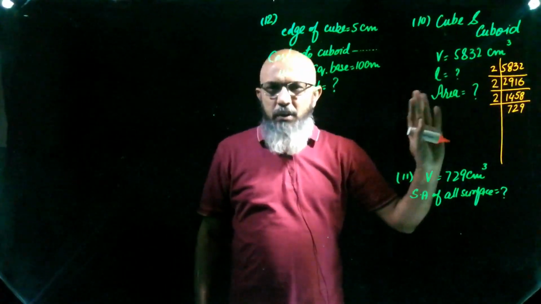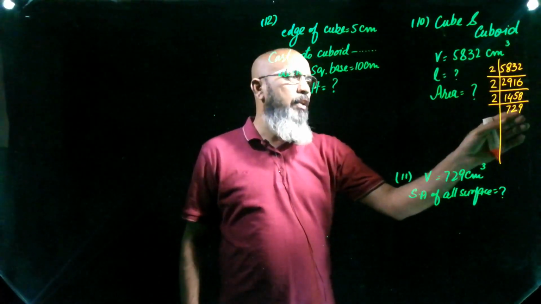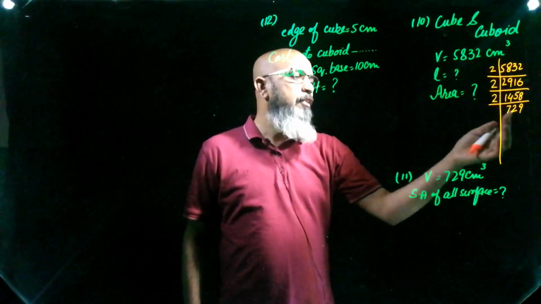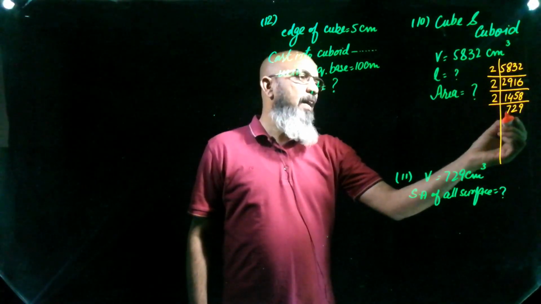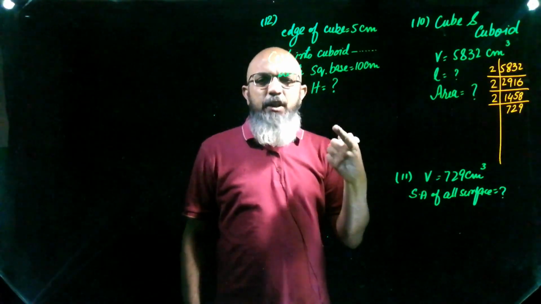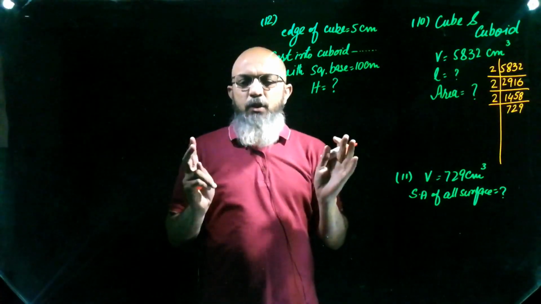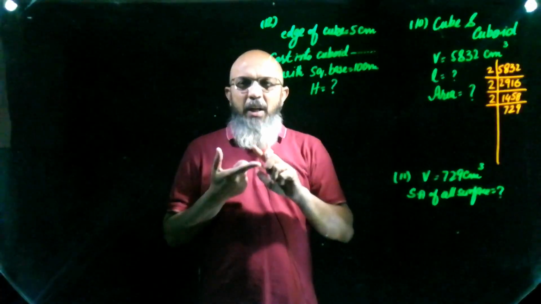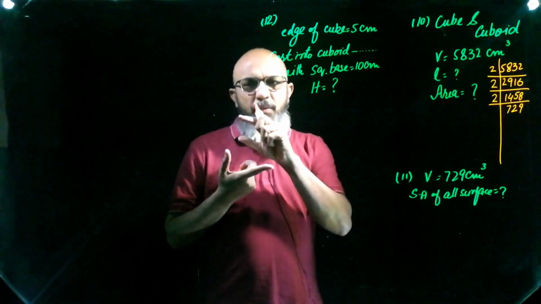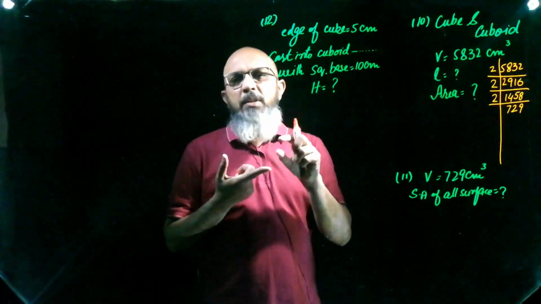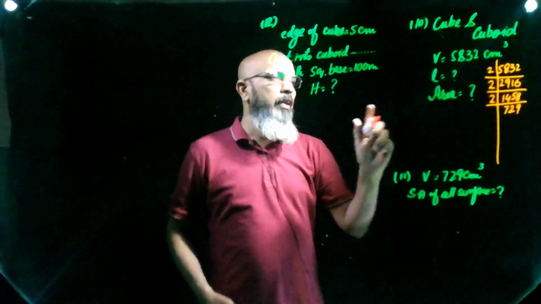Now it is not divisible by 2 because it is an odd number. So 9 plus 7 plus 2 is 18. It means it is divisible by 3. You must know the test of divisibility: if the sum of the digits of a number is divisible by 3, the number is divisible by 3.